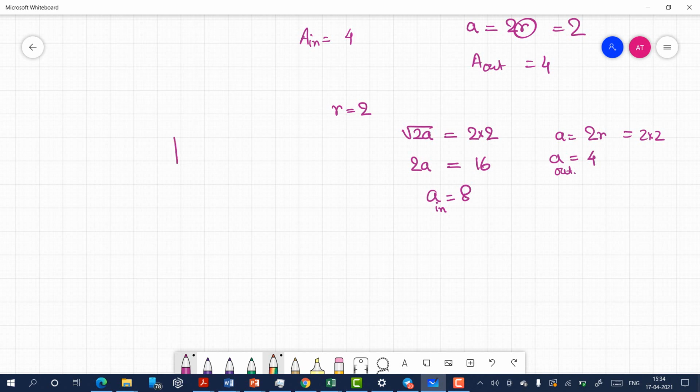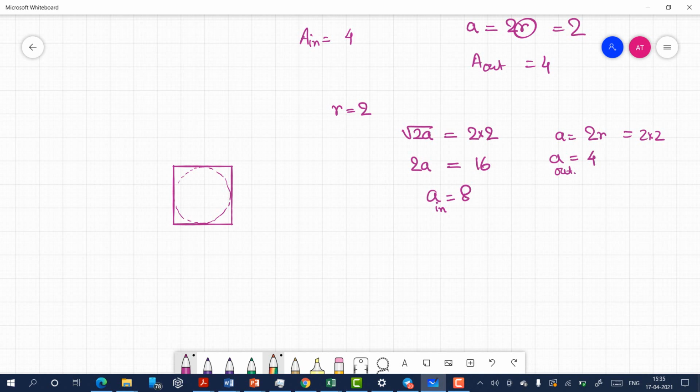So let me draw a square first, and now there is no automation. So this is the square, right? And if I make a circle inside, then the diameter of this circle is going to be equal to the side of it.